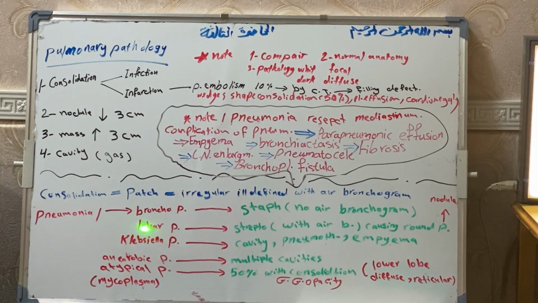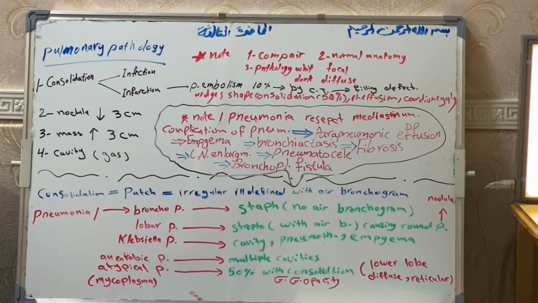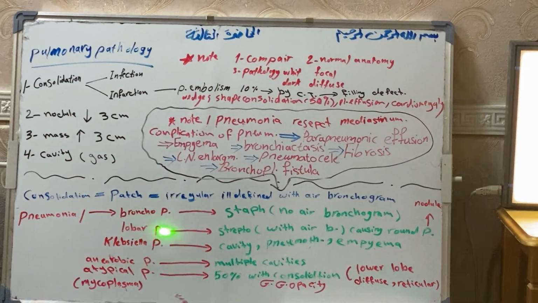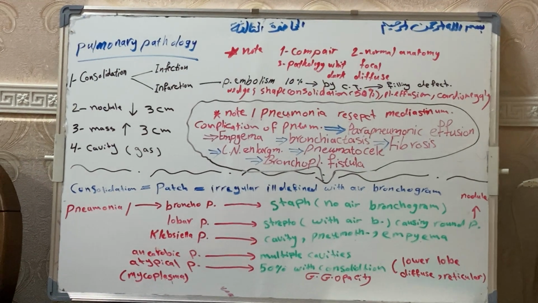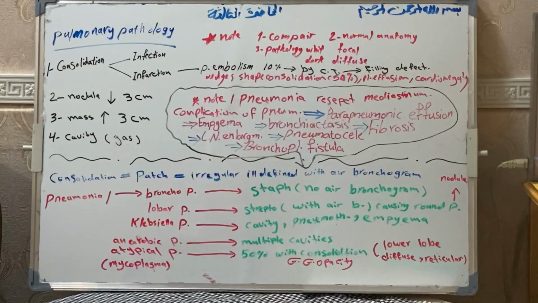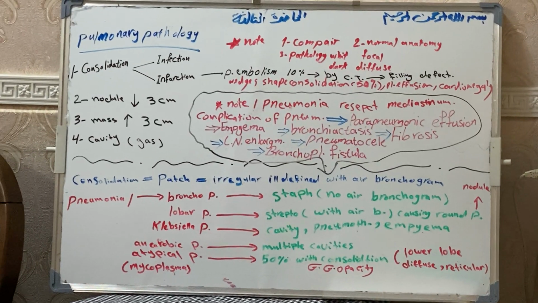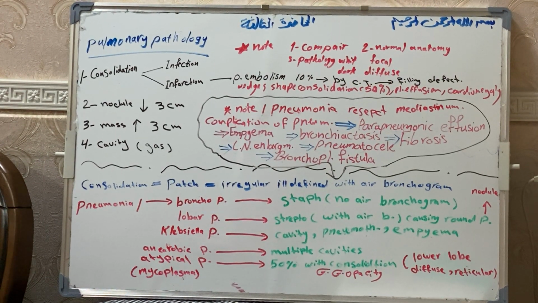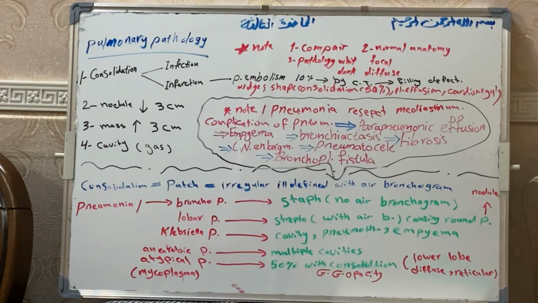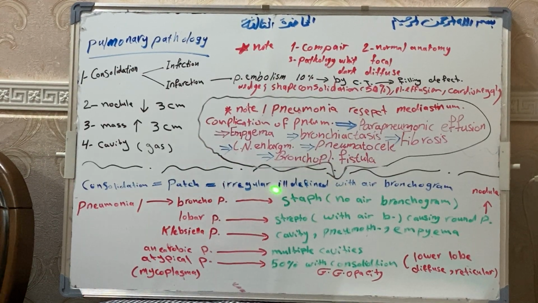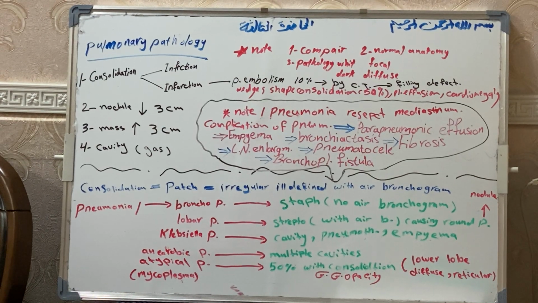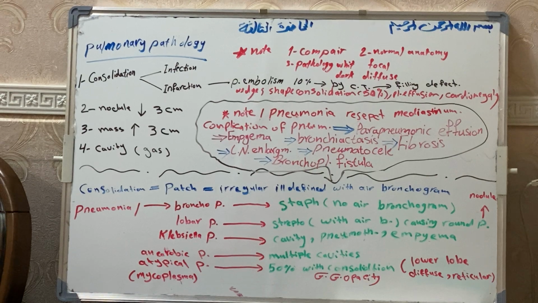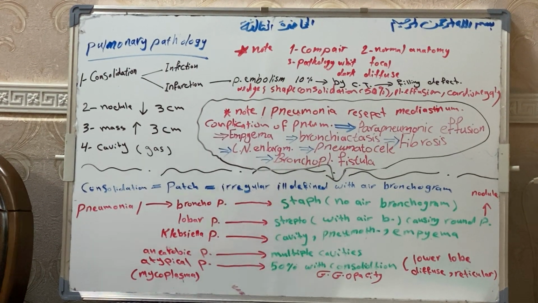So, bronchopneumonia and lobar pneumonia, how can we differentiate? Most of the time we cannot tell a difference between them. But if you want to, don't forget this. Staph goes with broncho. Broncho is small in size, and because staph is in the hospital, the broncho from staph is multiple and small.